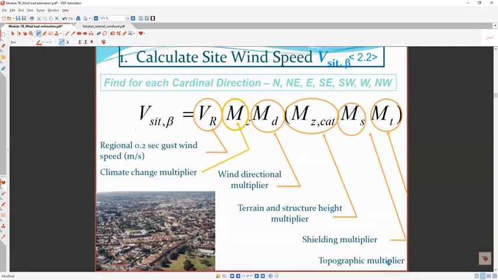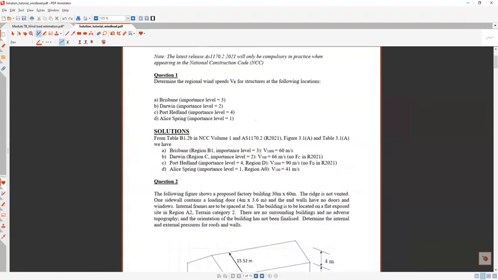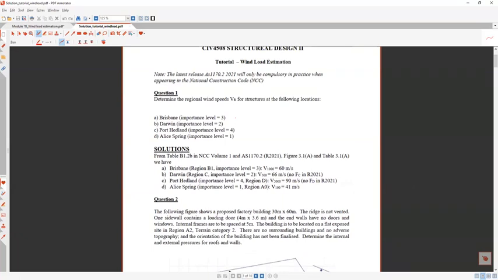And then we'll look into the site wind speed. We'll start from there. Now let's look into the wind load problem. So you can see that we look at the tutorial now. Question 1, you solve this problem, regional wind speed.